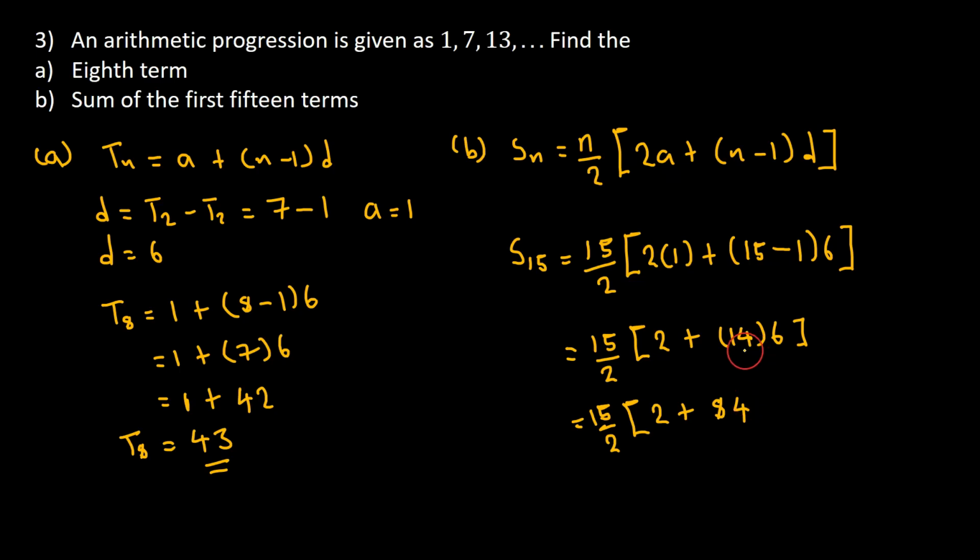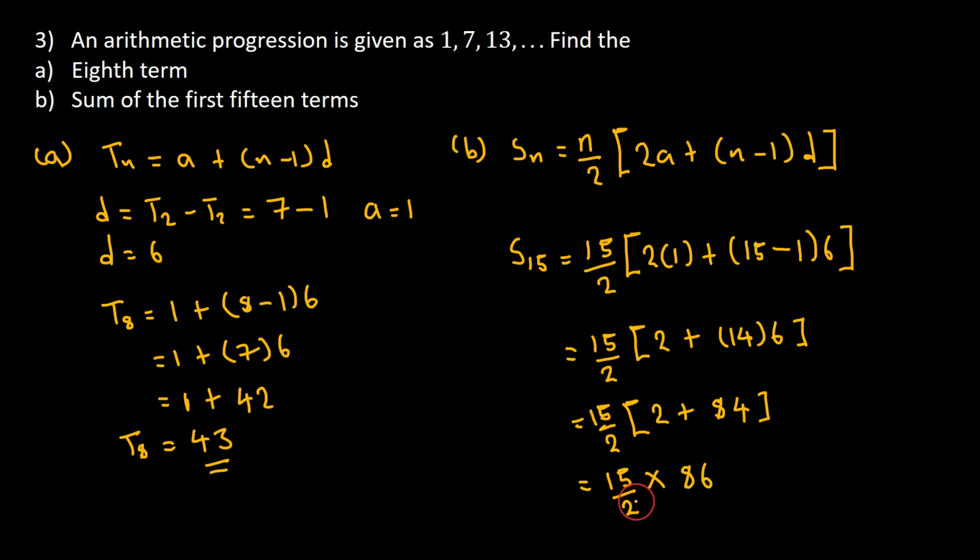So you write 4, carry 2, and then 6 multiplied by 1, you have it as 6, plus that 2, it is 84. Equal to 15 over 2 times 2 plus 84, we have it as 86.